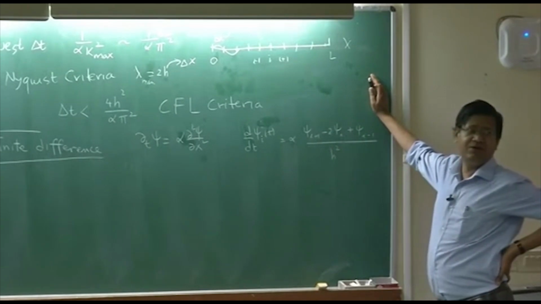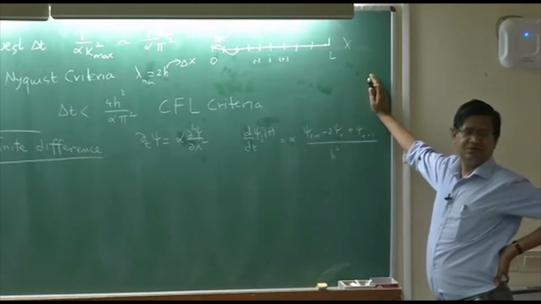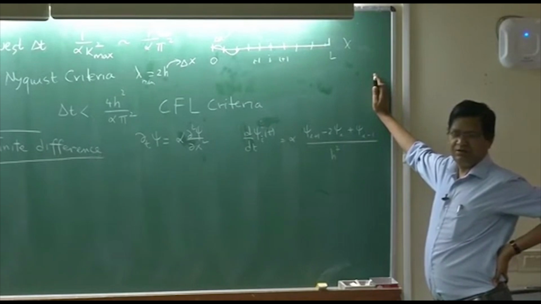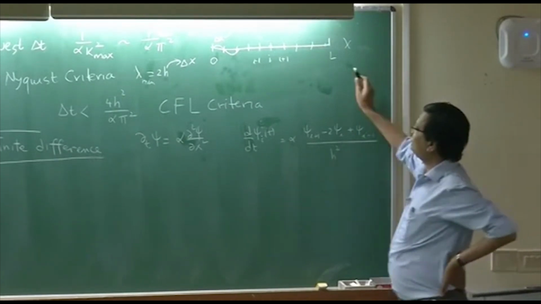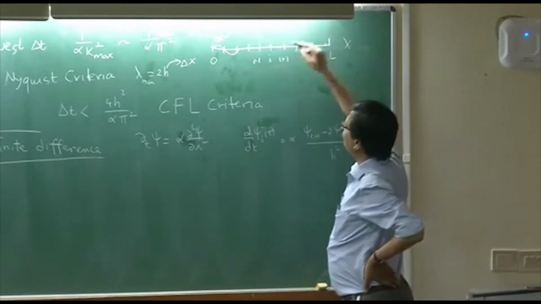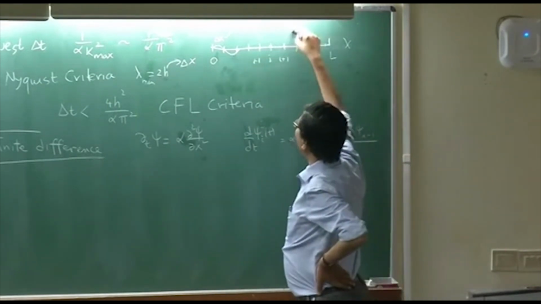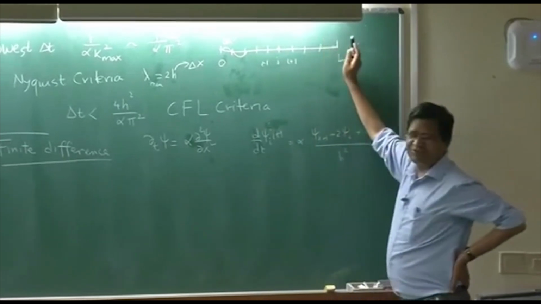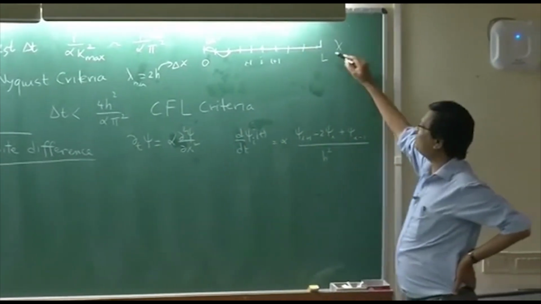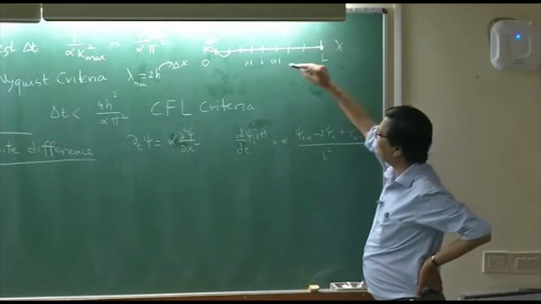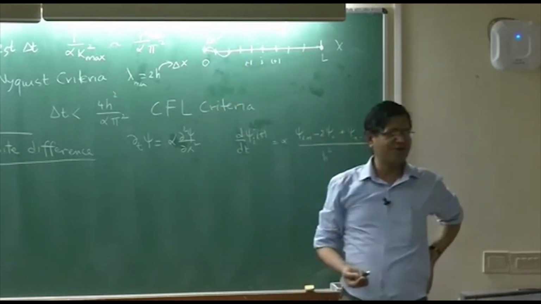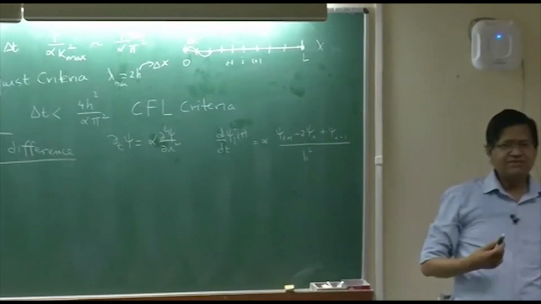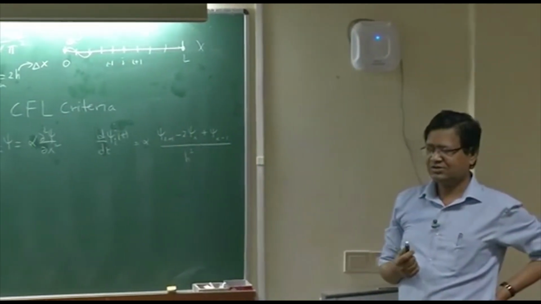How many ODEs have I got? Equal to the number of points. Let's say there are n points, but you have to be careful. Should I time step the function here and here? Should I time step it or not? What is the value of the function at those walls? 0.